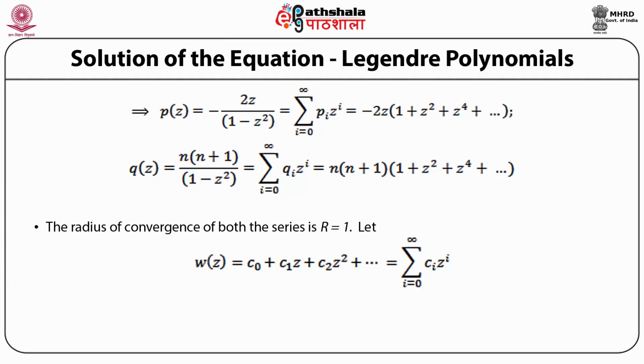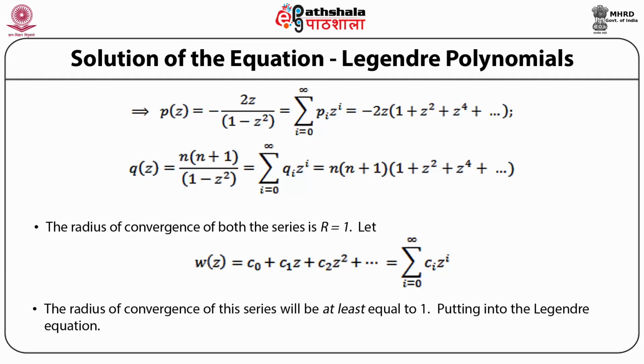We seek a solution of the form w of z equal to c0 plus c1z plus c2 z square plus so on. This may be represented by the series summation over i going from 0 to infinity c_i z raised to power i. The radius of convergence of this series will be at least equal to 1.